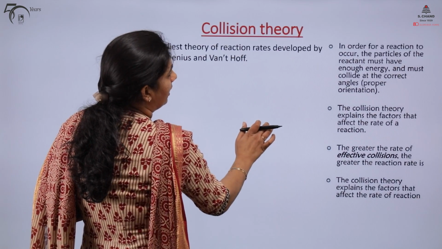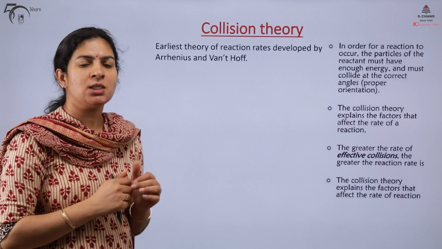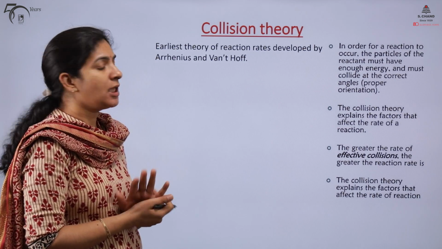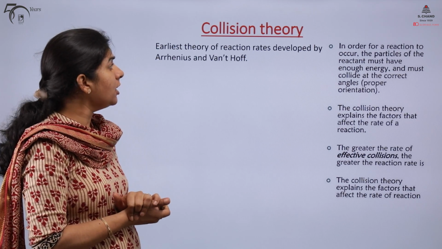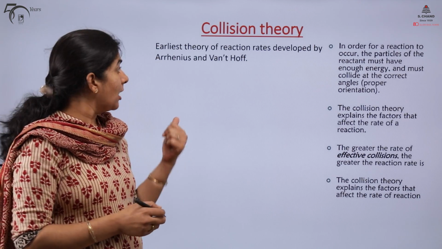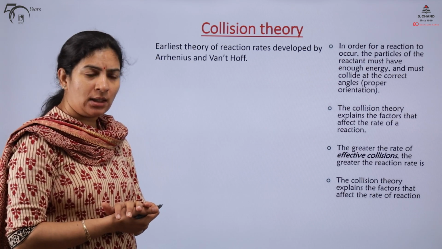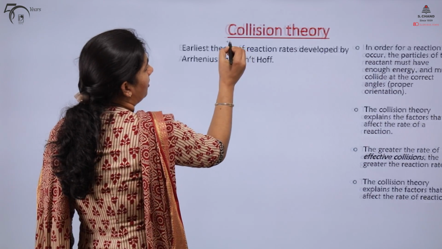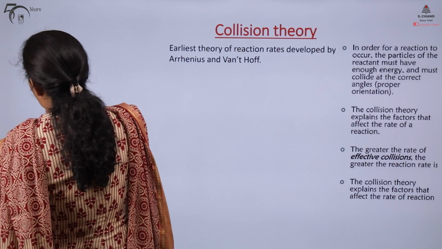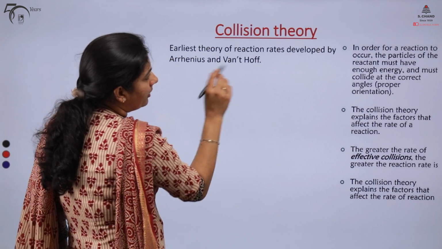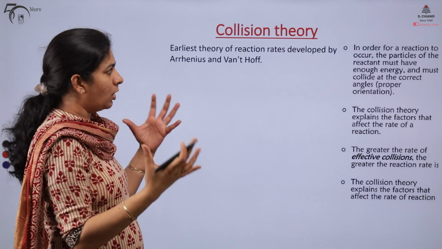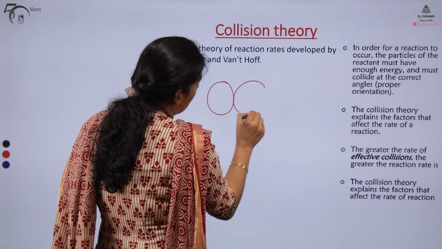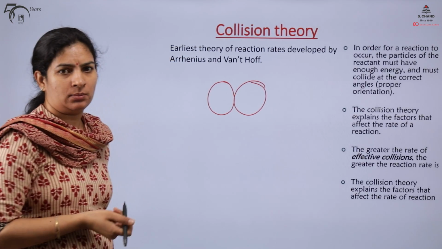There are two famous theories for reaction kinetics, which are collision theory and activated complex theory. The collision theory is the earliest theory, which was given by Arrhenius and Van 't Hoff, and it is indicated from the name itself that in order to undergo a chemical reaction, molecules will have to come close to each other and undergo collision.